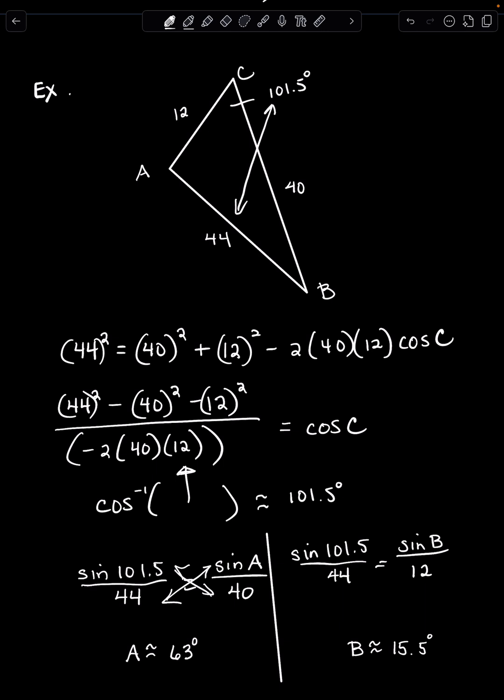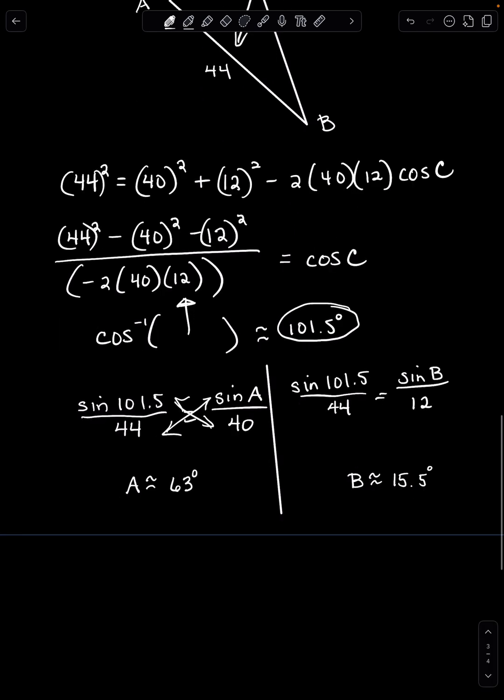So if you find the biggest angle first, I found C first. It was an obtuse angle, but I know it's my biggest angle, and so the other 2 angles have to be acute. So if you use the law of sines after that, there's not going to be any ambiguity. All right, so let's write that down just so you make a note.